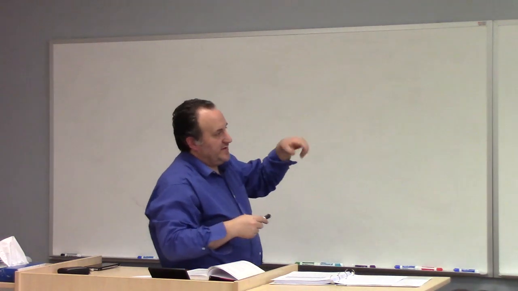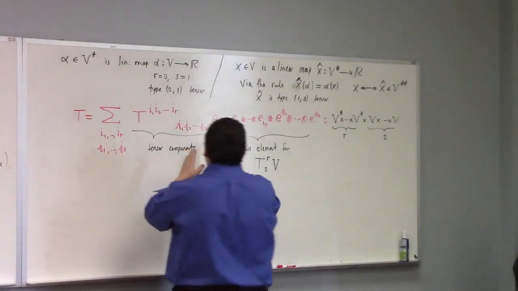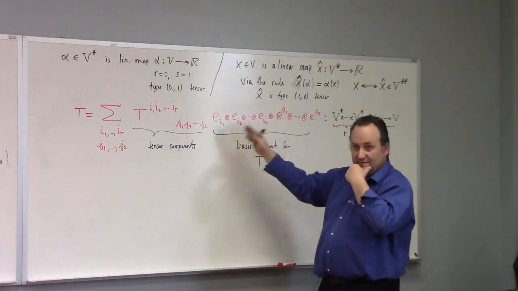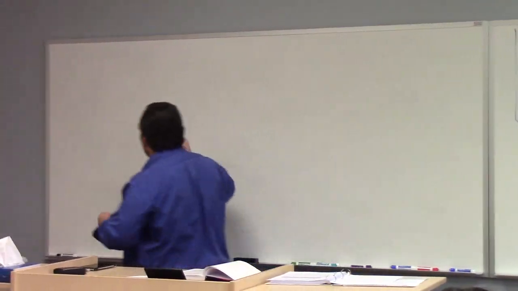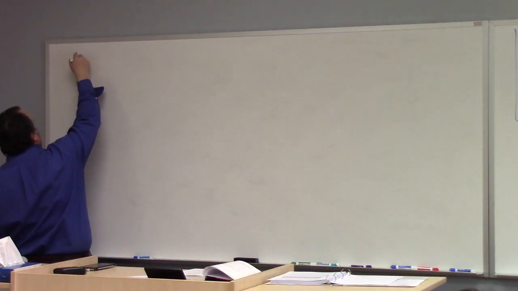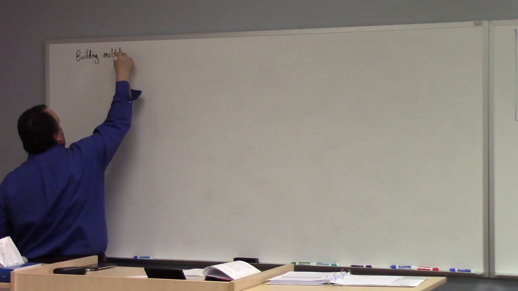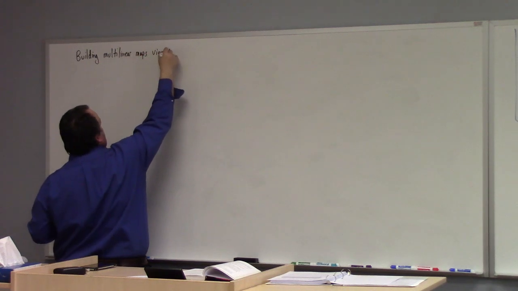So I needed to introduce, I threw a tensor product over here, and I owe you explanations for what on earth these things are, how we define these, right? So let's define what that means. So let's talk about building multilinear maps via the tensor product.